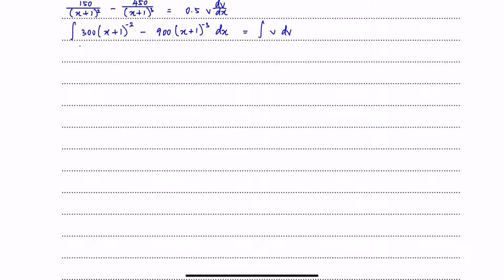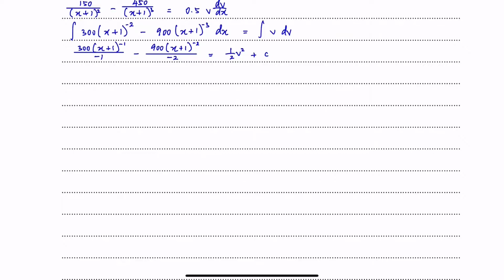This would be 300 times (x plus 1) to the negative 1 over negative 1 minus 900 times (x plus 1) to the negative 2 over negative 2 equals to half v squared plus c.